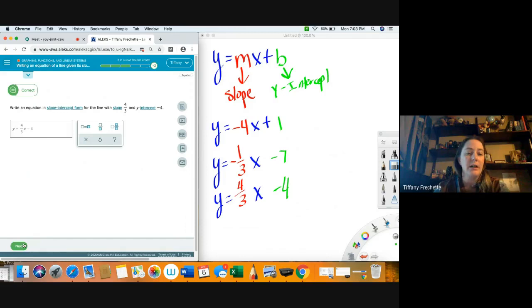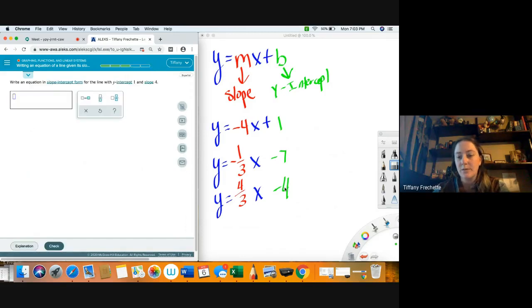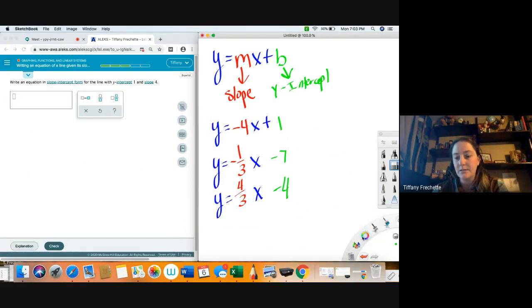Yay. Right, next, this is our last one here. You notice I don't have a whole lot written on the screen. I've put all of the problems on this one page. I really haven't had to do very much. All we're doing is plugging some numbers in. So it says write an equation in slope-intercept form for the line with y-intercept of 1 and slope of 4.